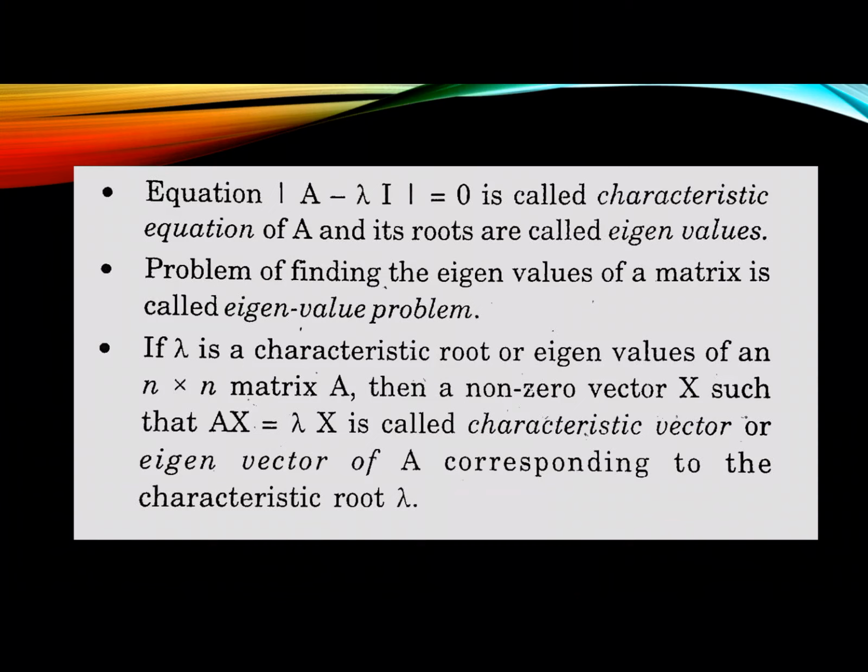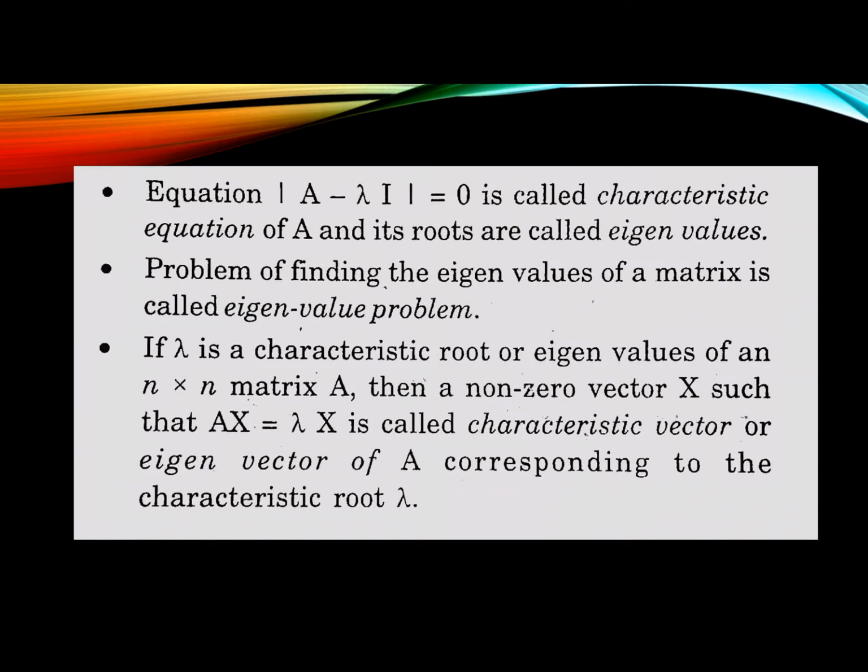We have an equation, the determinant of A minus lambda I equal to 0. That particular equation is called the characteristic equation of the matrix A, and from that equation we get the values of lambda, and the roots are called the eigenvalues. So the problem of finding the eigenvalues of a matrix is called the eigenvalue problem.